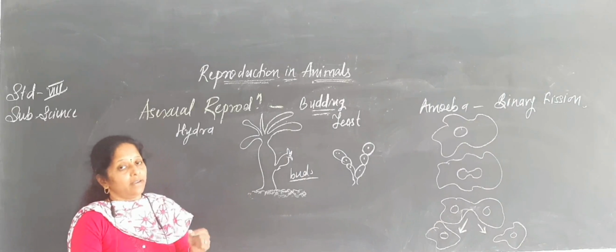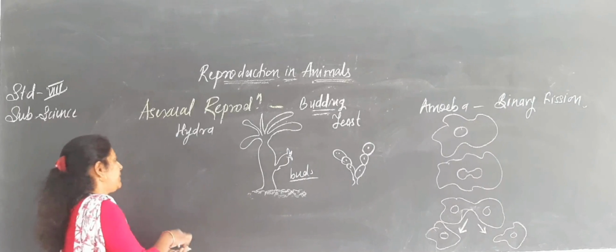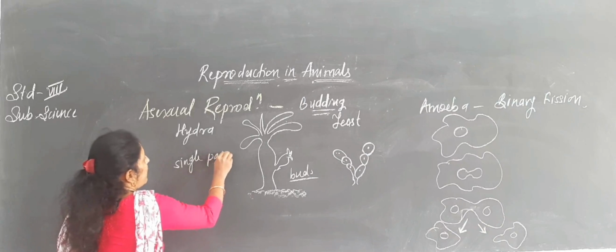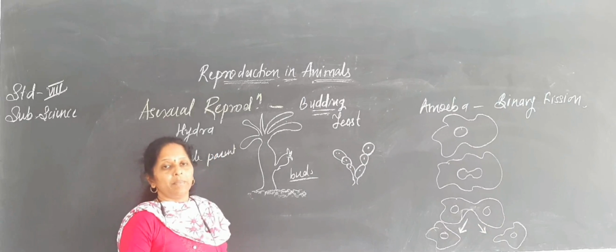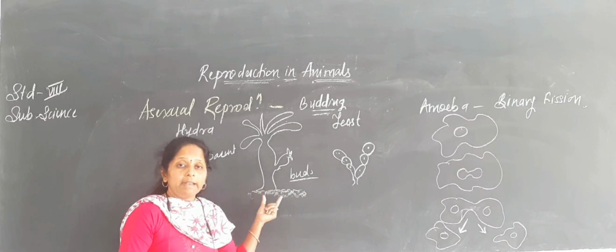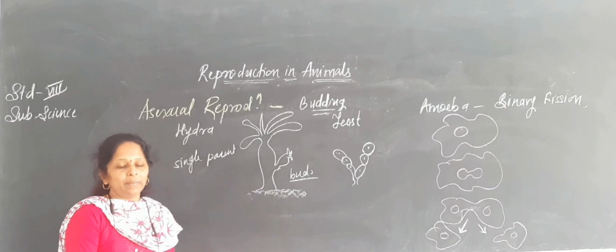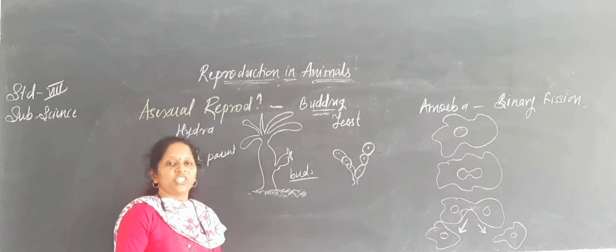In sexual reproduction we observe that two parents, male and female, are necessary. But here in hydra only a single parent is involved. Reproduction in which a single parent is involved is called asexual reproduction.